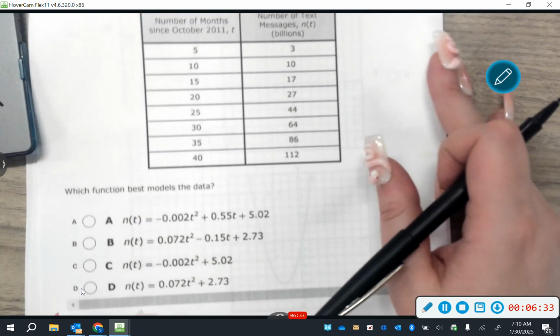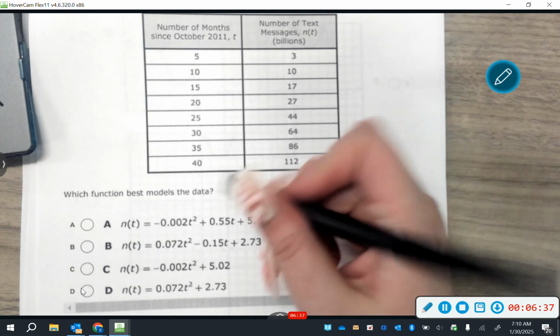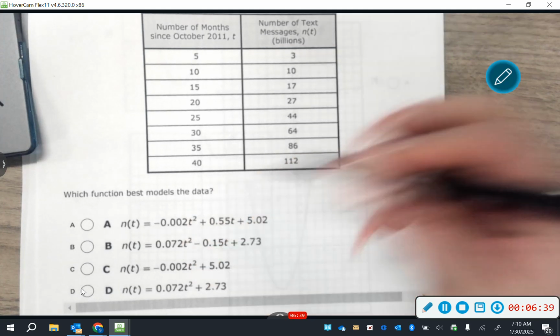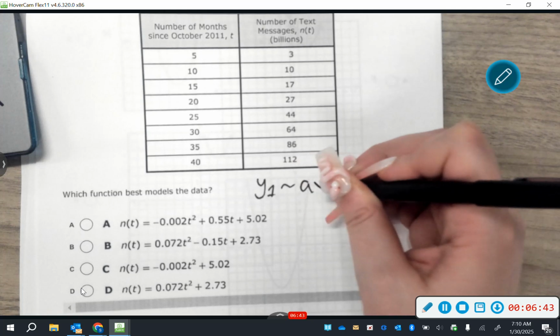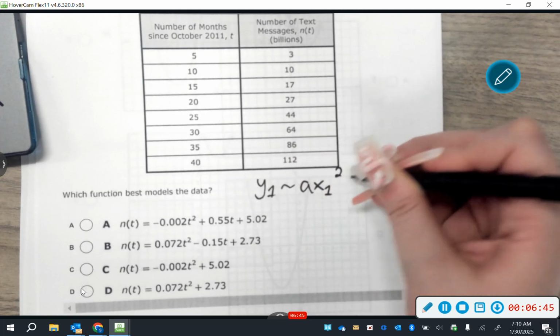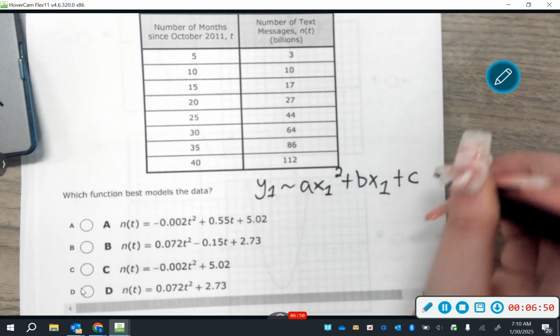Sliding over here, they gave us a table, and they want our quadratic formula. I know it's quadratic because it says squared. So we're going to use our y1 squiggly line, ax1 squared plus bx1 plus c.